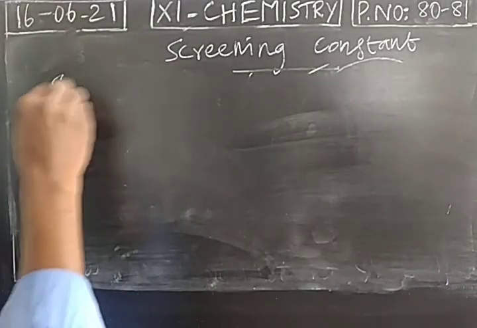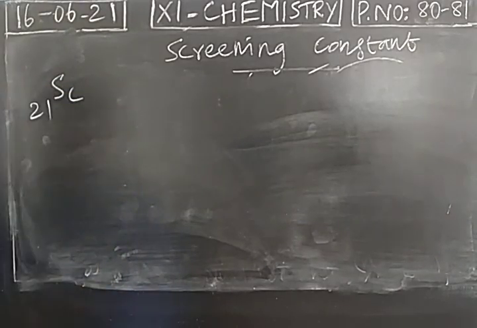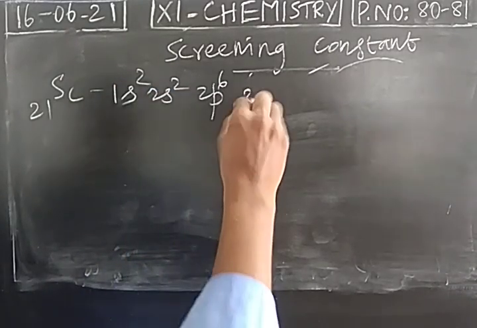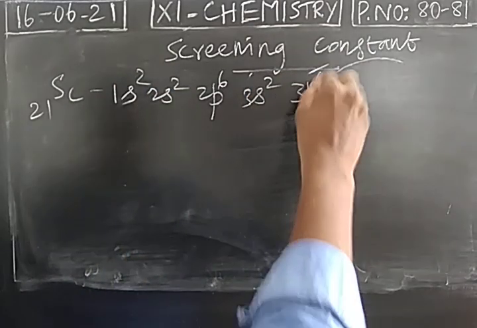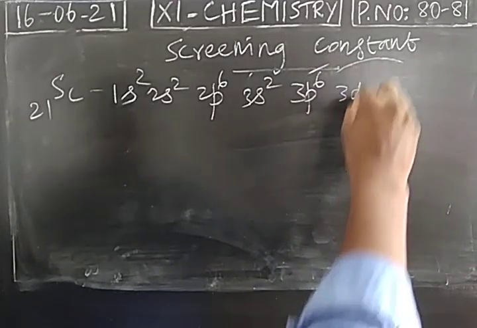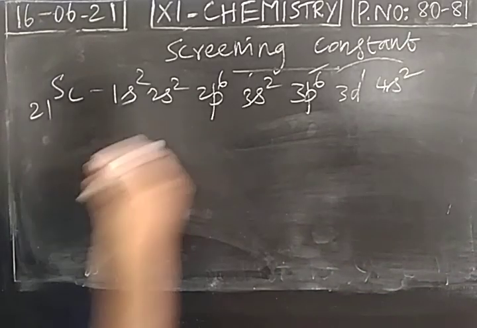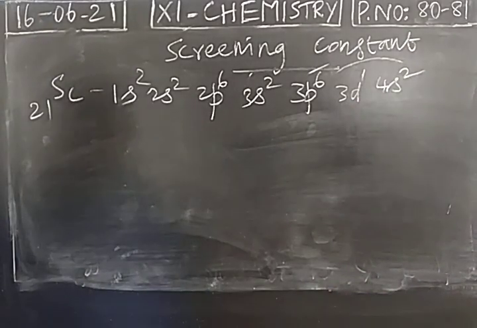So in our book, scandium is given with atomic number 21. We write the electronic configuration 1s2, 2s2 2p6, 3s2 3p6, 3d1 4s2. So 21 electrons placed in this order. Here we are not following the correct order of electronic configuration.